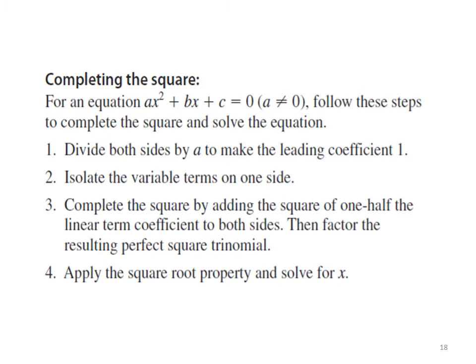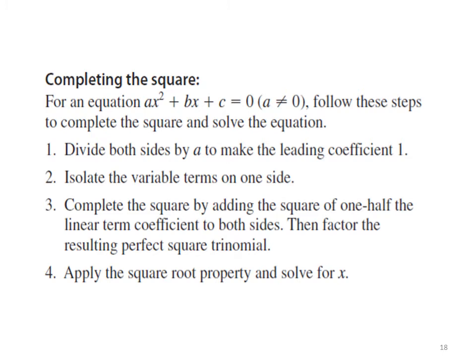That means take the coefficient of x, divide it by 2, then square the result and add it to both sides. Once you do this, the left hand side will be the square of a bracket. Then you will have a perfect square trinomial. You can apply the square root property to solve for x.